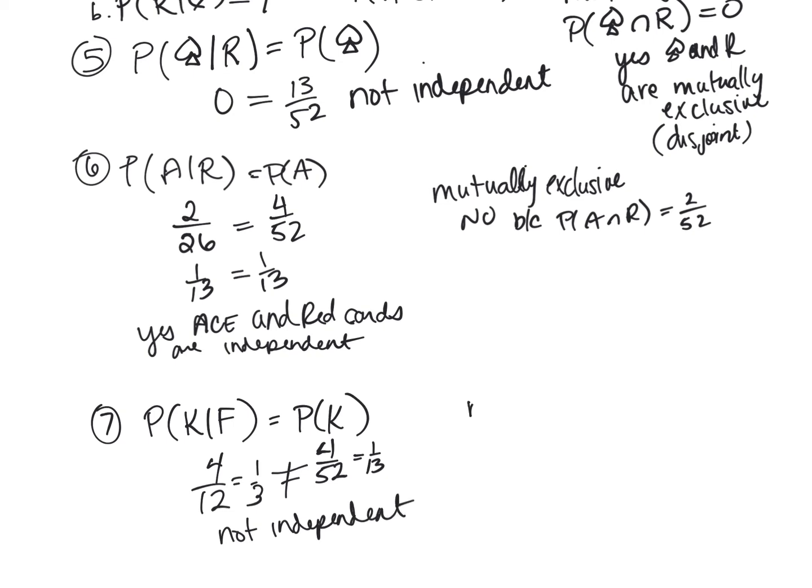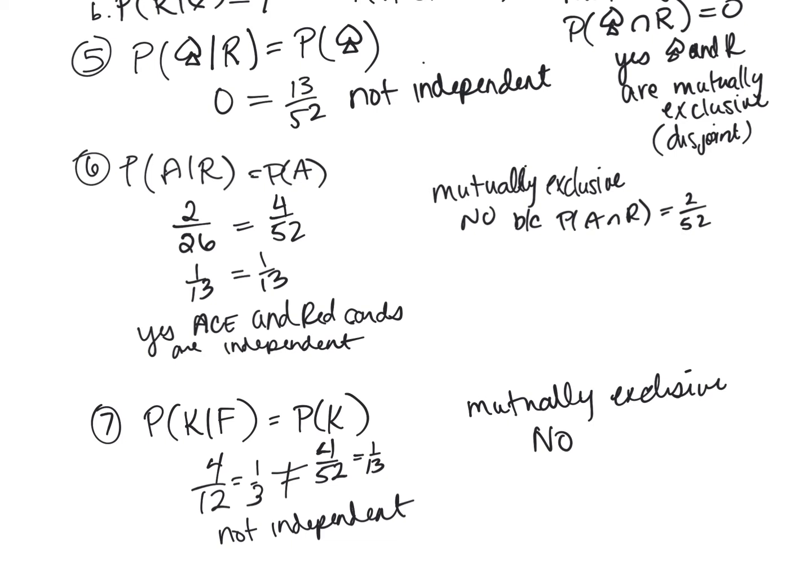Are they mutually exclusive? Is there a face card that's a king? All the kings are face cards, right? So because there are cards that are both, that's not mutually exclusive.